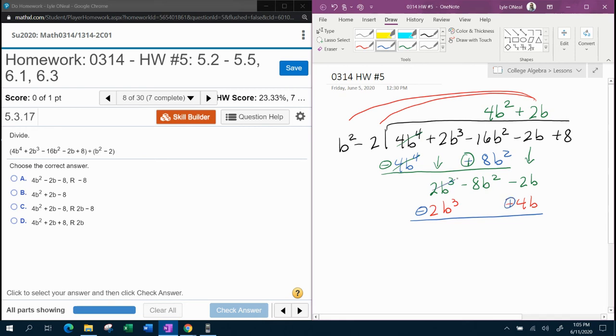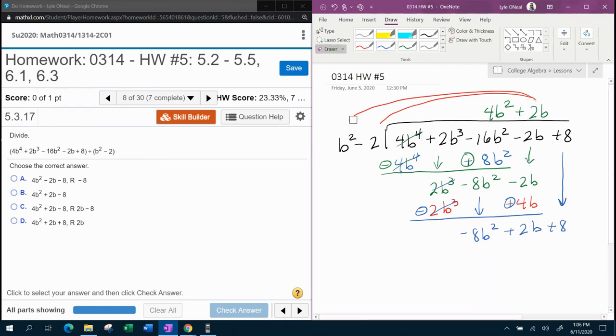So the 2b to the third minus 2b to the third, those are going to cancel. The negative 8b squared is going to fall through the gap. He doesn't have anybody to add or subtract with. And then we're going to combine negative 2b plus 4b, and that is a plus 2b. And then we're going to get this 8 to drop down, and then this will be the last time through.